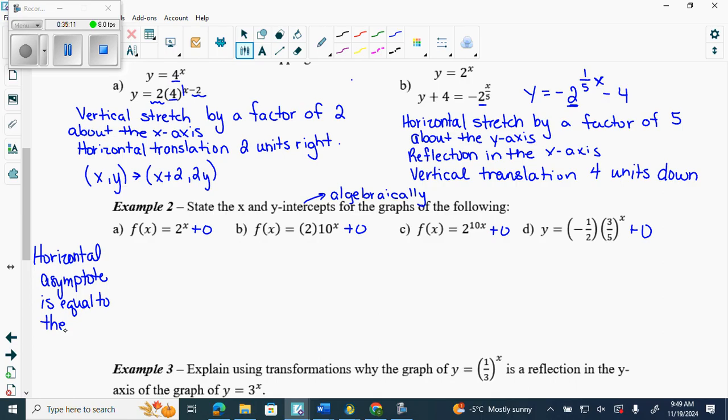The d value, or the vertical translation. The horizontal asymptote is equal to the vertical translation, because if it's y equals 0, it's still there, right? If it's y equals 2, it's now up 2. If it's y equals negative 3, it's now down to y equals negative 3, right? This is very important and everyone forgets about it.